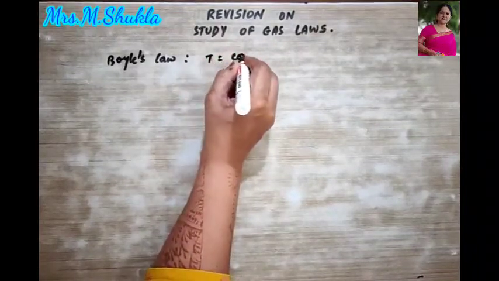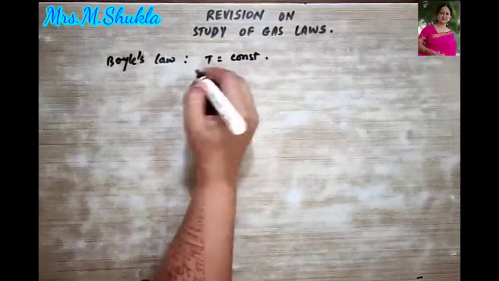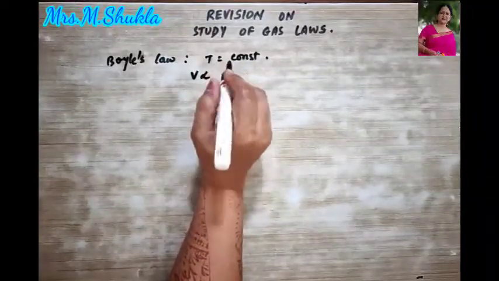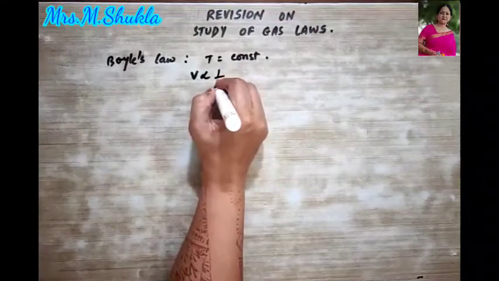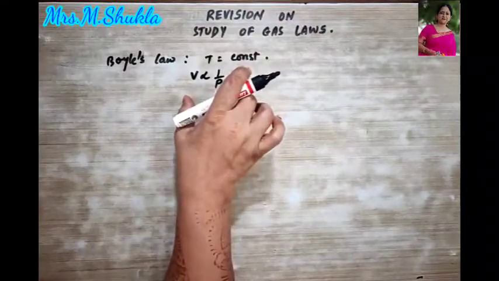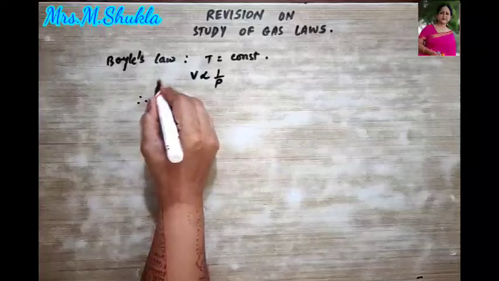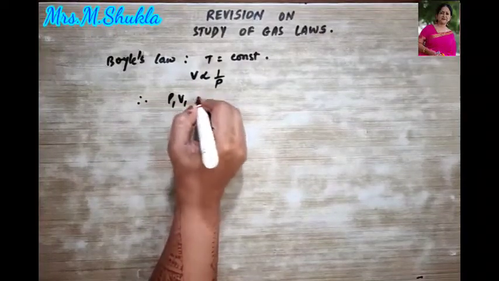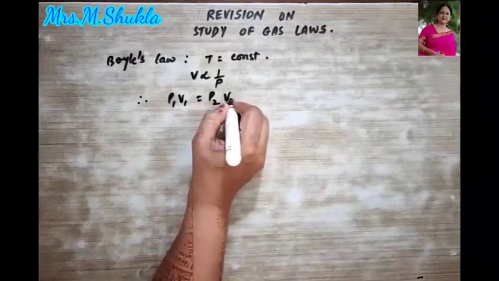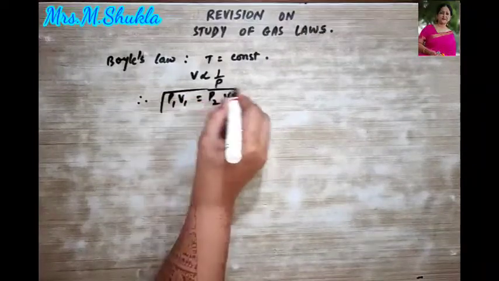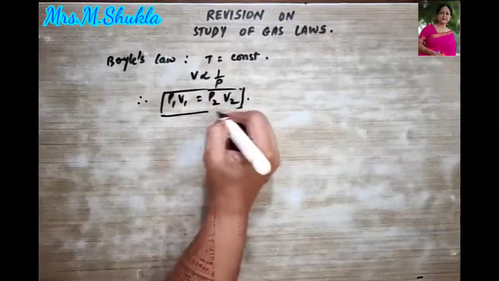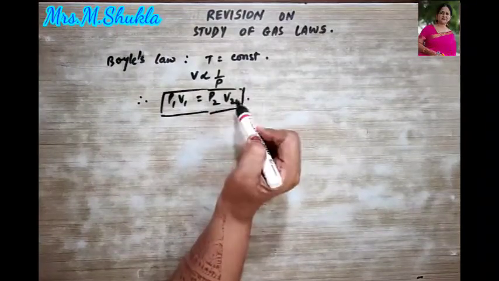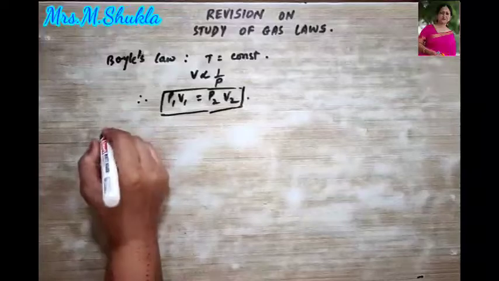Temperature remaining constant, the volume of a given mass of a dry gas is inversely proportional to the pressure exerted on it, and therefore according to the mathematical calculation, P1 V1 is equal to P2 V2. This is the formula we use for Boyle's law when the question says the temperature is constant.